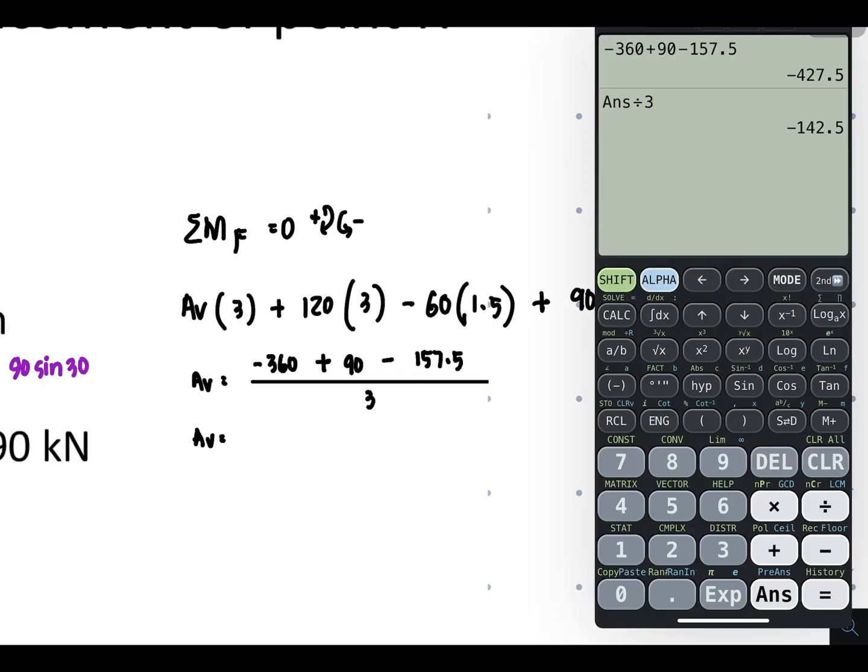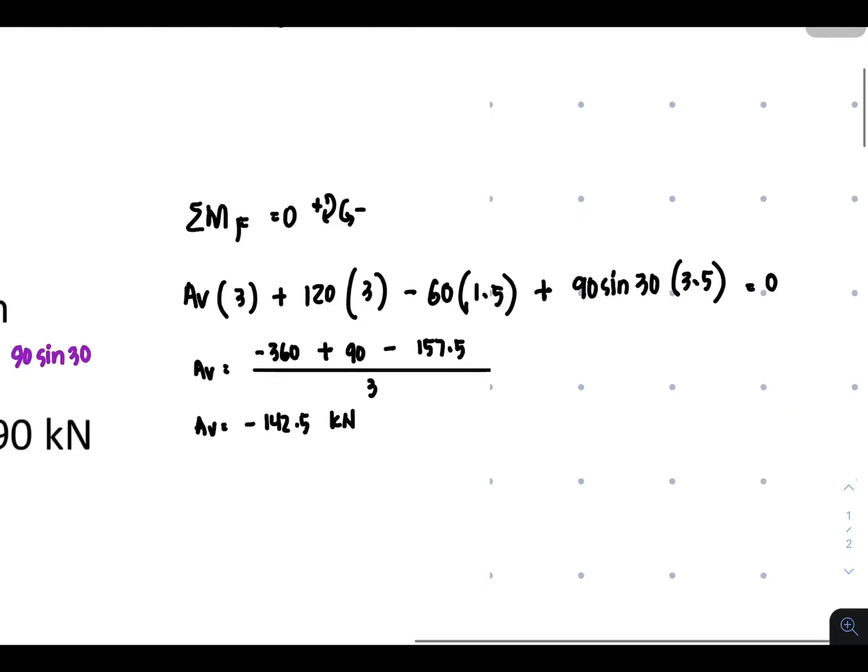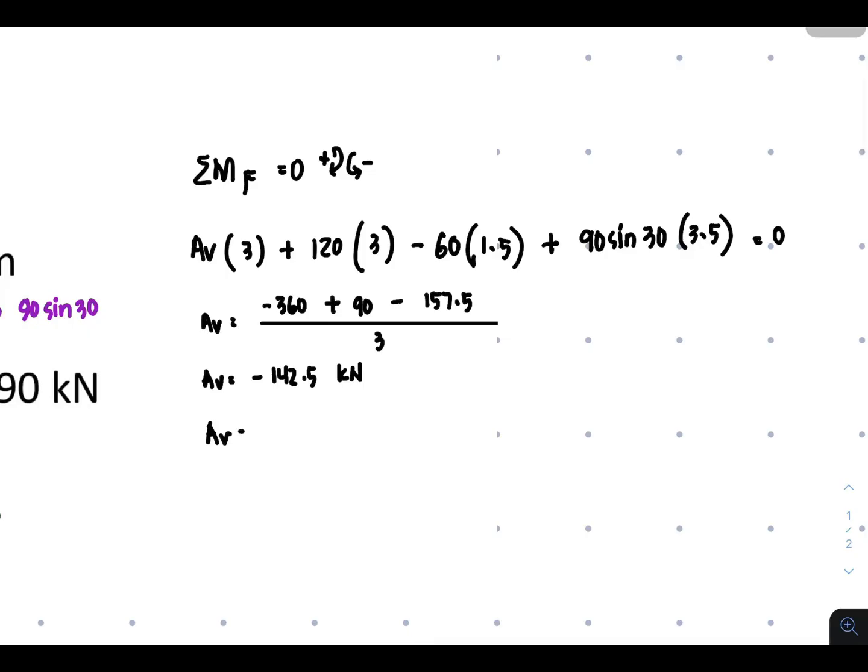That's negative 142.5 kilonewtons. It says negative here because our assumption is wrong. So it's 142.5 kilonewtons, and it should be a downward AV.